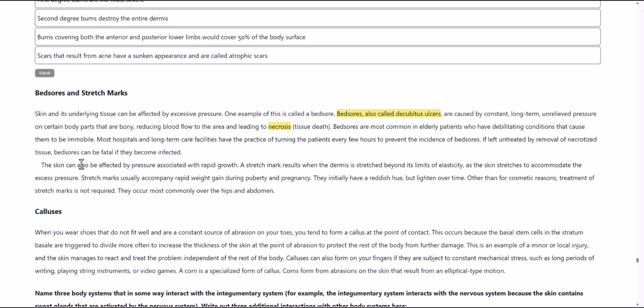Stretch marks. So when you gain weight or lose weight, think pregnancy clearly, as the abdominal area stretches during pregnancy, that is going to stretch the skin. The skin and the dermis are made up of elastic fibers and collagen fibers, but there's only so much stretch that skin can handle.